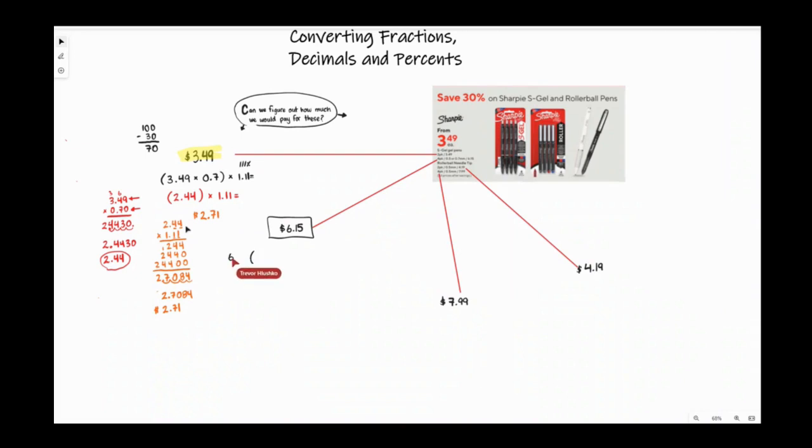So I'm going to go 6.15 minus 6.15 times 0.3. And I'm going to put this in another bracket, times 0.11, because that's my tax.